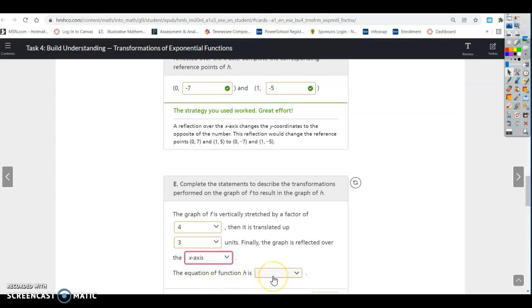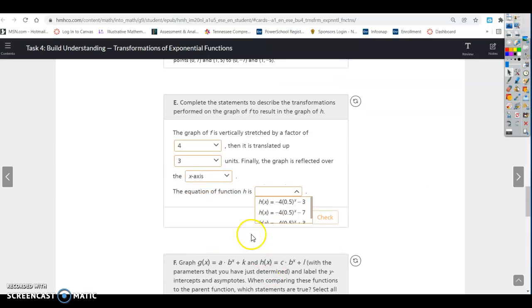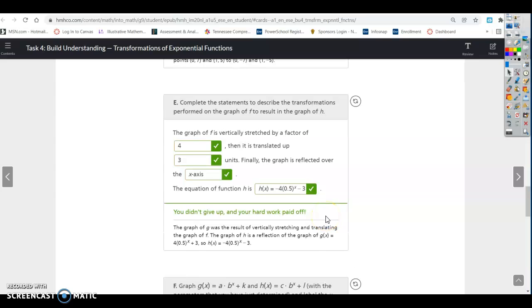So the equation for h is going to be, remember the reflection makes this a -4, so all of these are negative. -4 times 1/2 raised to the x power, and then it will be -3 because remember it's upside down. When you reflect it across the x, it's upside down.